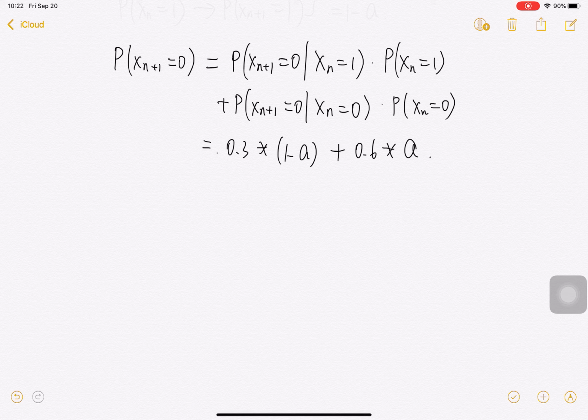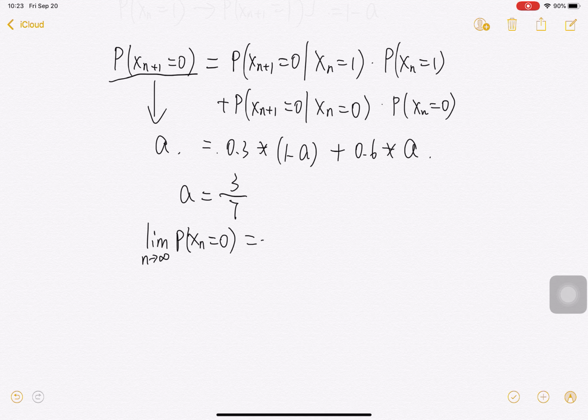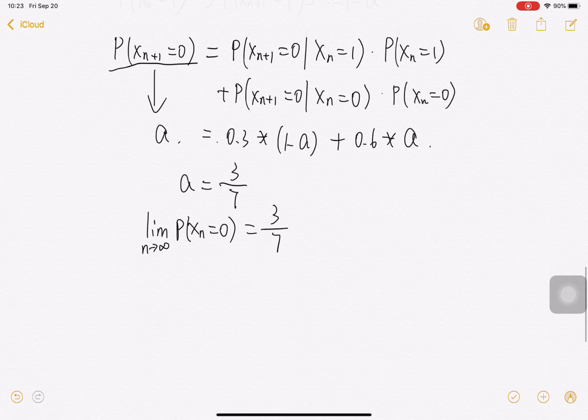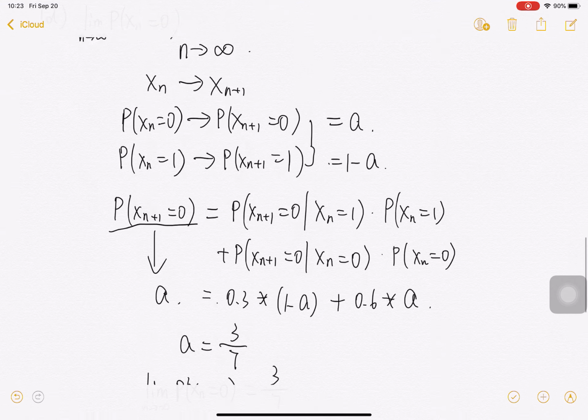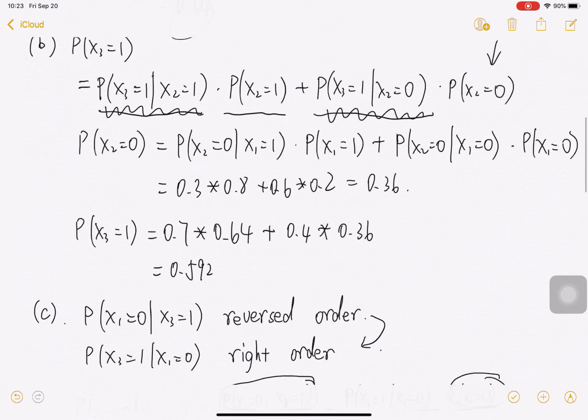And also the probability of x(n+1) equals 0, we're going to have a. So with this equation here, we get the answer a is 3/7, right? So in the limit as n is close to infinity, the probability of xn equals 0 is 3/7. Okay, that's all about problem 2. Okay, thank you.